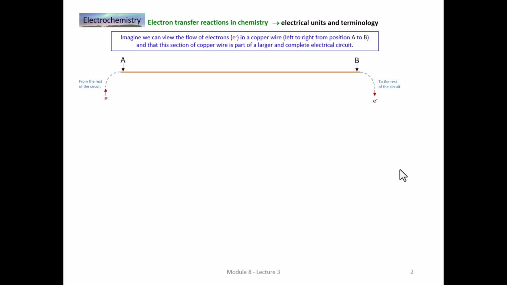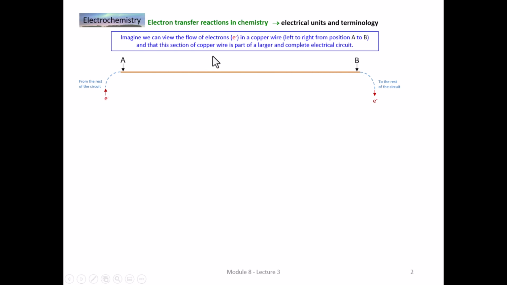I have a diagram here where we're trying to view a flow of electrons in a copper wire. The copper wire is this kind of orange colored line here. It's supposed to be copper colored.